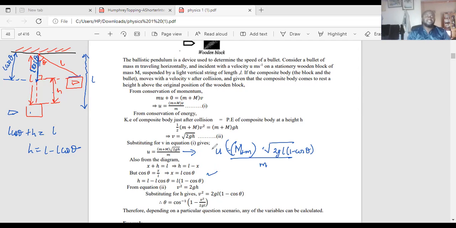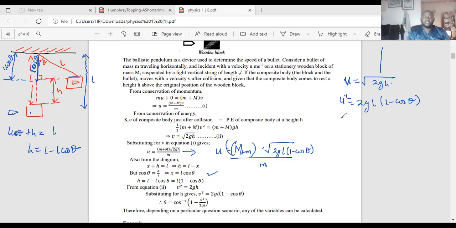So sometimes they can even ask you for the angle of displacement. Then you extract it out. When they ask you for the angle, you can see that from V or from U is equal to root of 2gh, which I derived, you will say that U squared is equal to 2gl into 1 minus cos of theta.